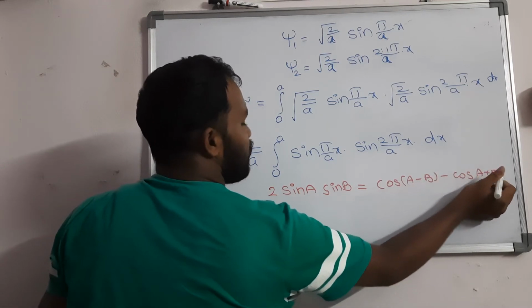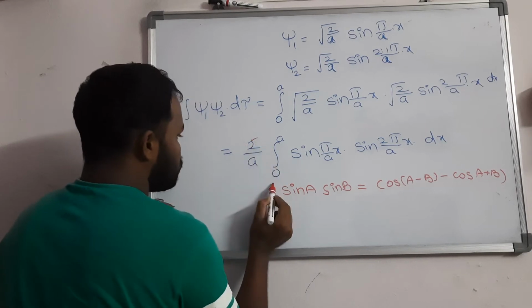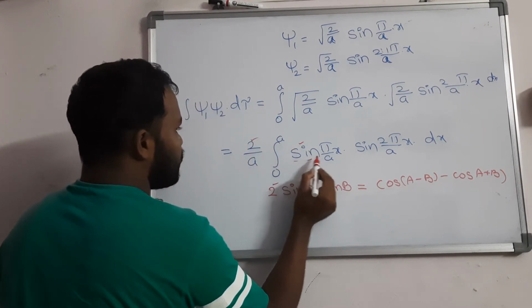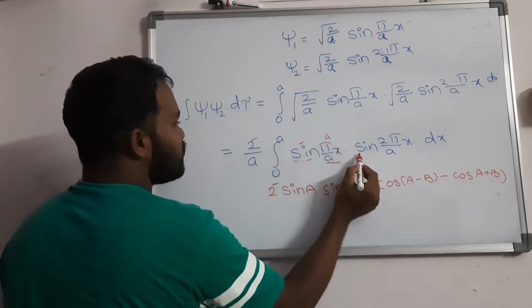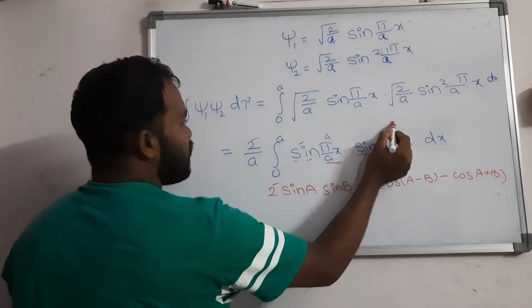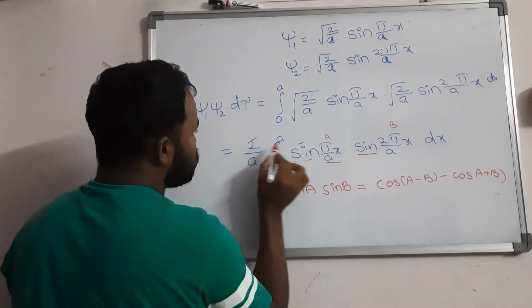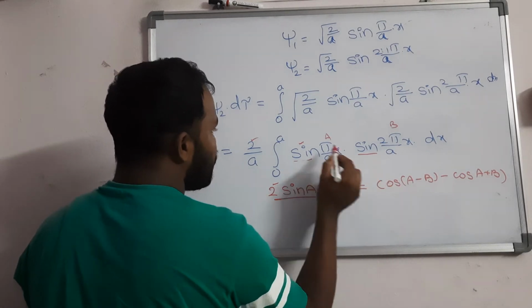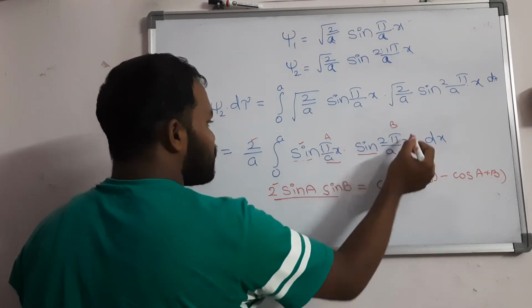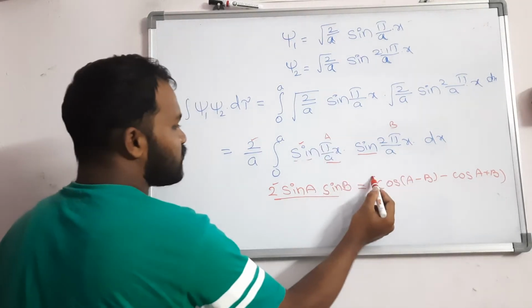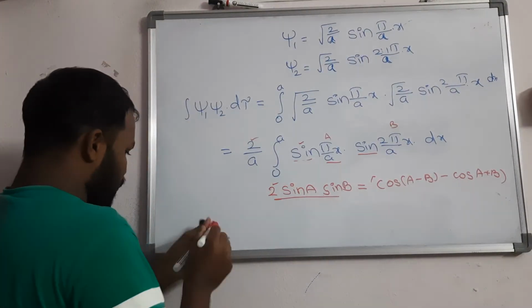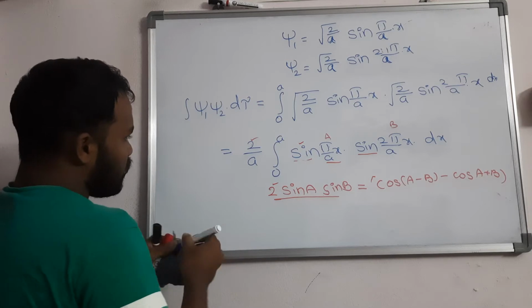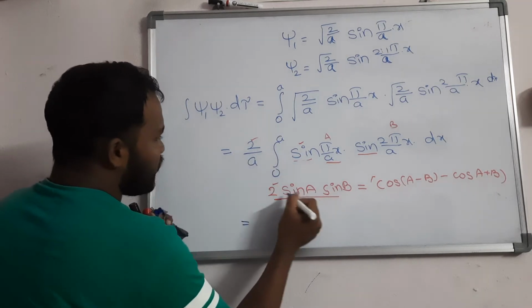Here one sine term has the value a and the other has the value b. Substitute this formula for 2 sin a sin b.